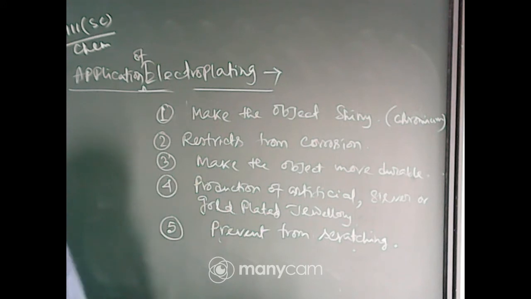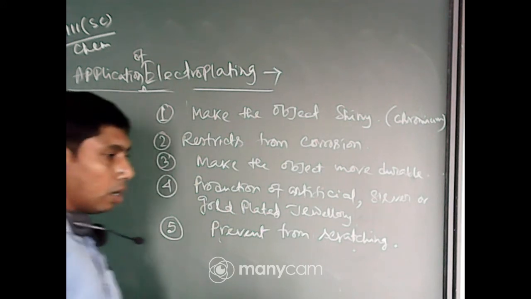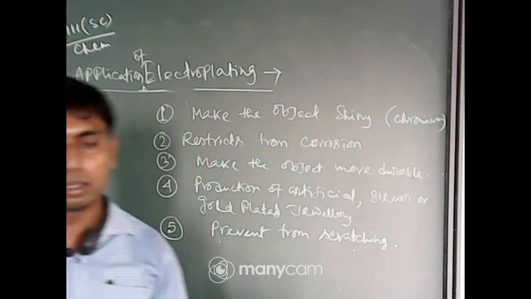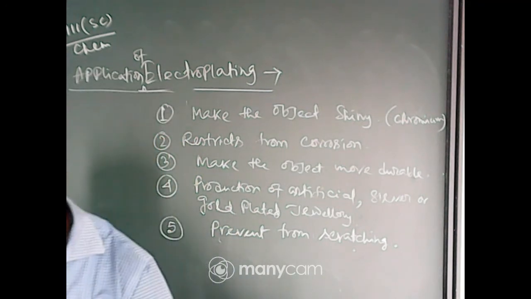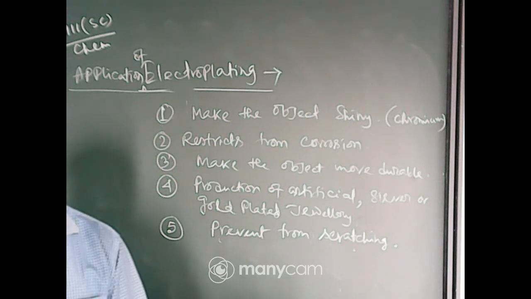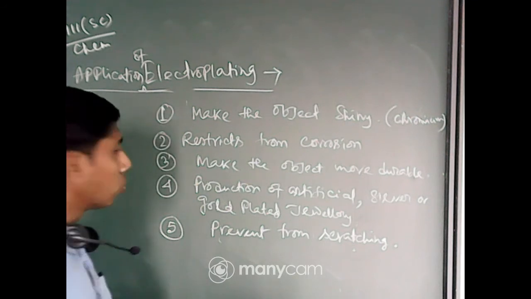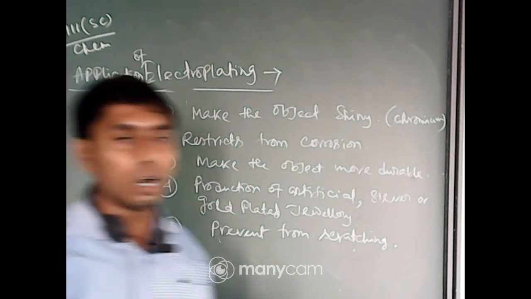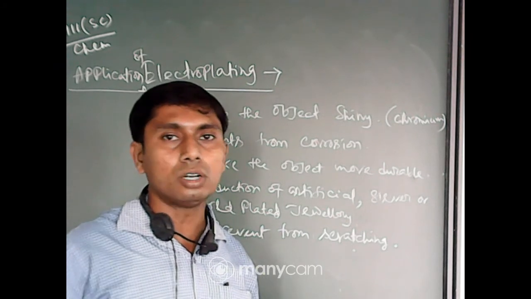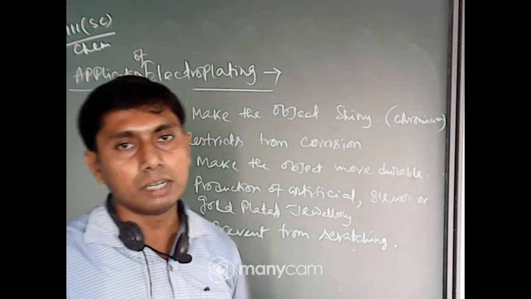Now another one is why a layer of tin is given on any iron article. It is discussed in the next paragraph, that tin cans are used for storing foods. These are electroplating tin on iron. So why is tin used? Because tin itself is not so reactive towards the iron.